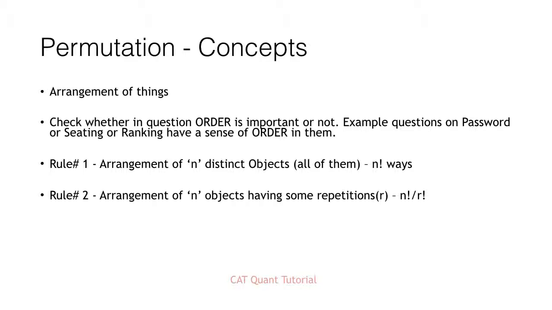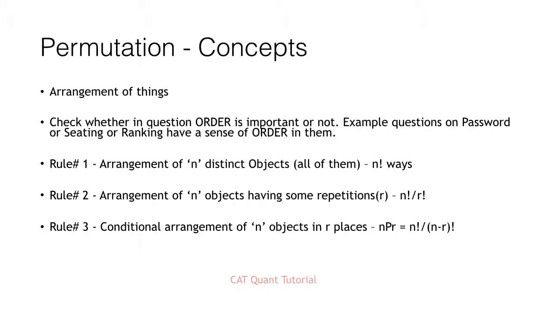Rule number 3 says conditional arrangement of n objects in r places can be done in nPr ways. P is basically the sign for permutation. nPr is n factorial divided by n minus r factorial.